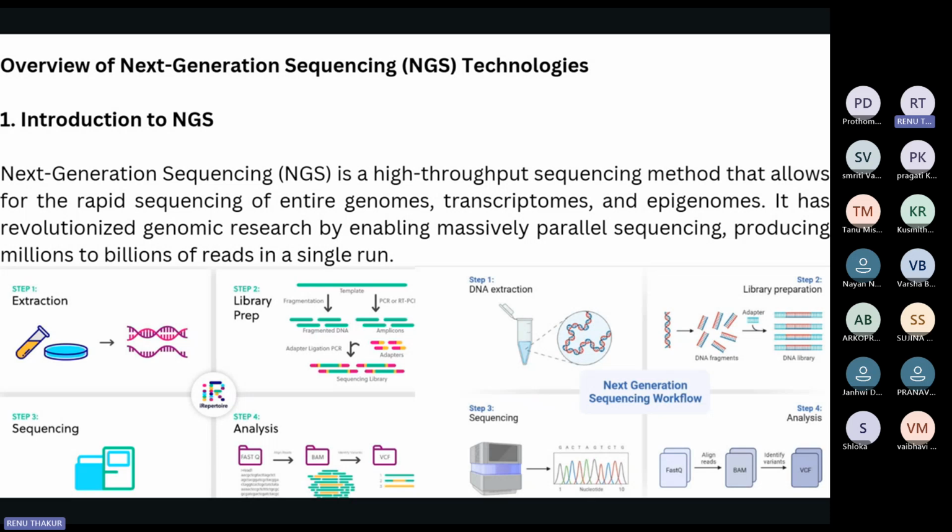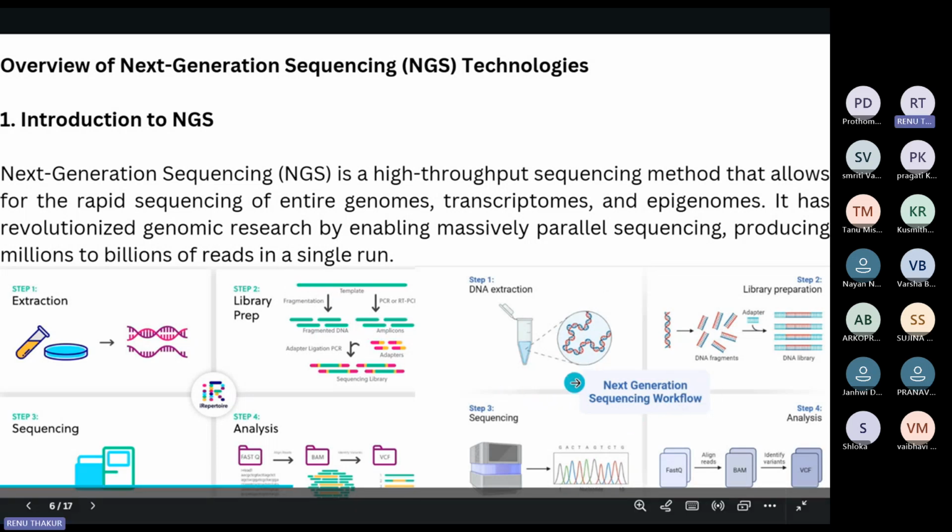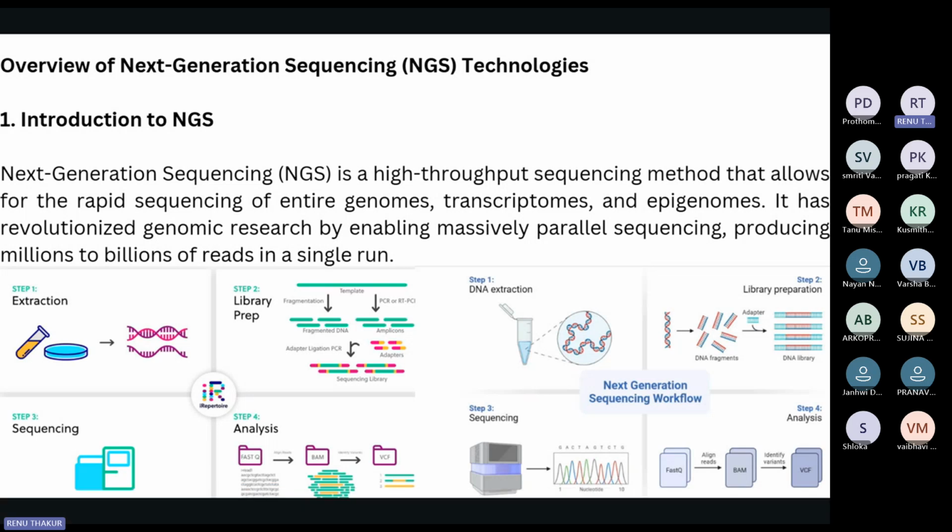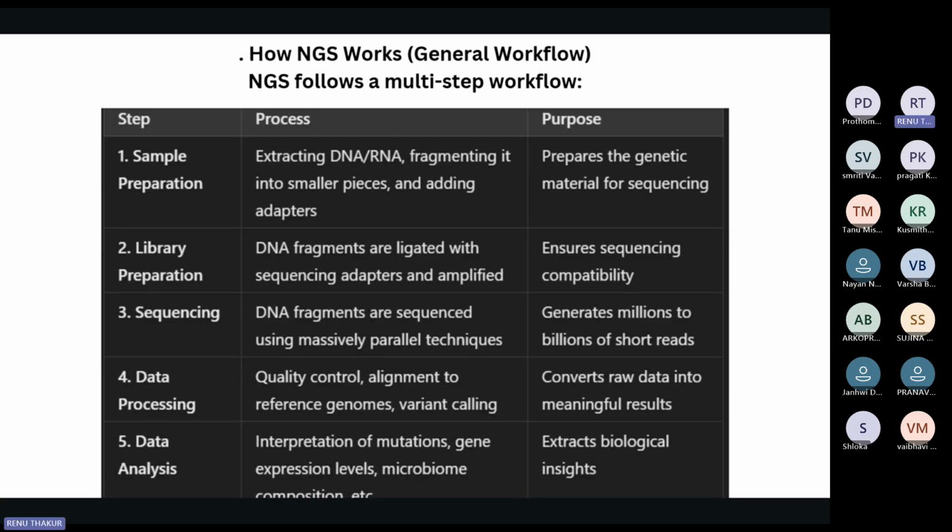So this is just a general diagram of the workflow. I'll explain it in detail in the further slides. NGS follows a multi-step workflow. First is obviously the sample preparation. We'll be extracting the DNA or RNA fragment of interest.